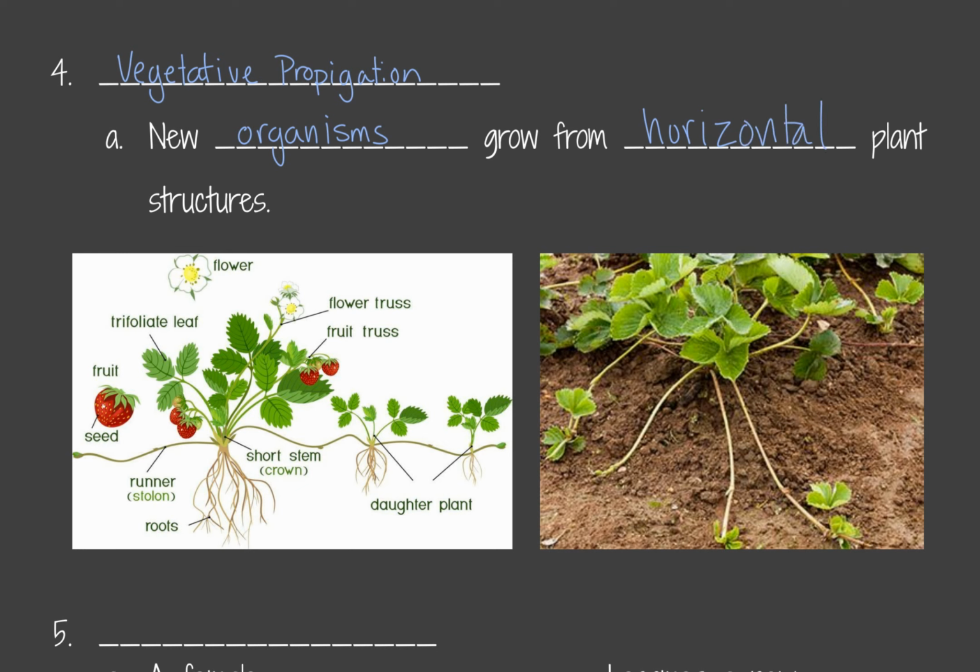Strawberries very famously do this. So you can see out of the stem of the strawberry run these, they call them runners, and then daughter plants, brand new plants, can grow out of that runner. So these runners propagate along, and then you get new plants. Here's an actual picture of one of those runners, and then you can see the new plant starting to form. So that's vegetative propagation.